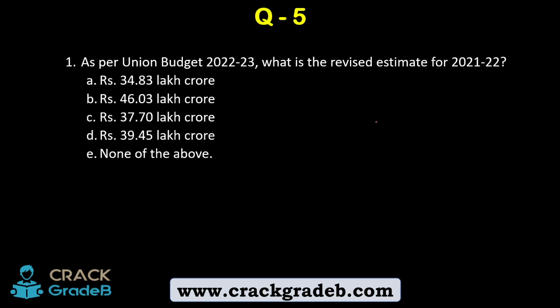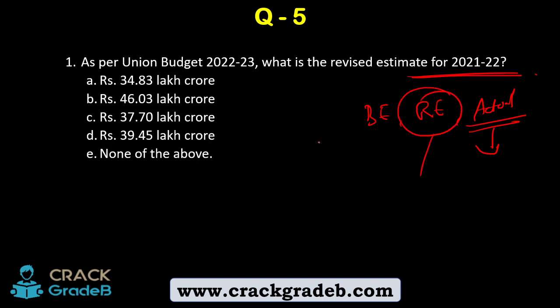As per Union Budget, what is the revised estimate for 21-22? I hope you know the difference between budgetary estimate, revised estimate, and actuals. Actuals come for the previous to previous year.